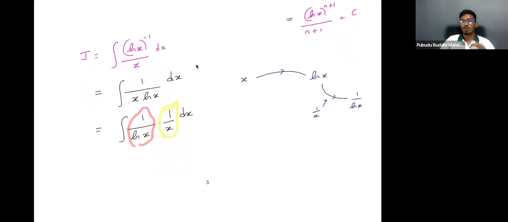Right? So oftentimes we use substitution for the inner function. So our substitution should be u equals natural log of x. This is the derivative of natural log of x. Like this.